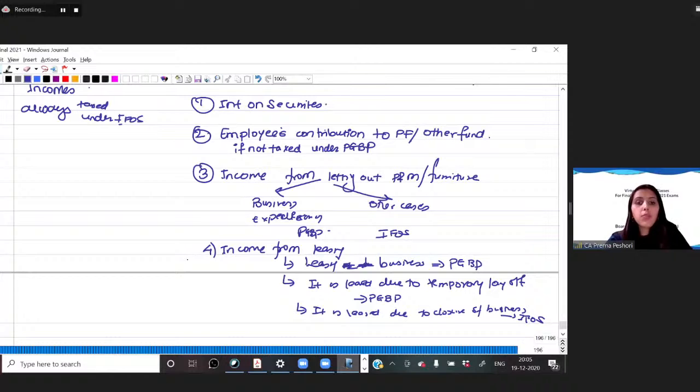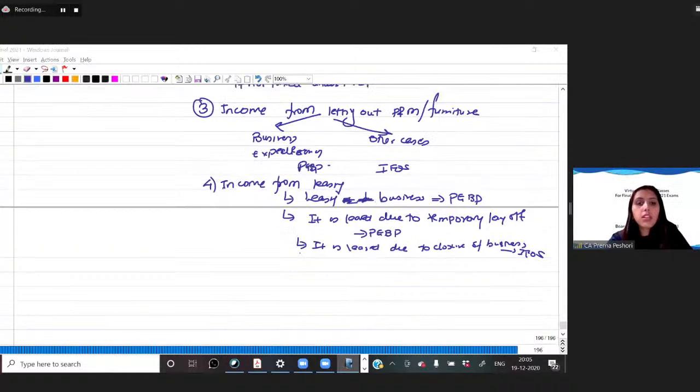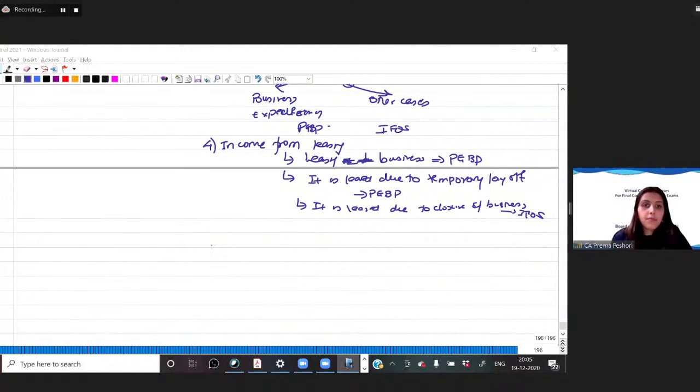Now, I'm putting a question to you, but before that, one last point under this. Keyman insurance policy. If the employer receives the proceeds of a Keyman insurance policy, it is taxable under PGBP.